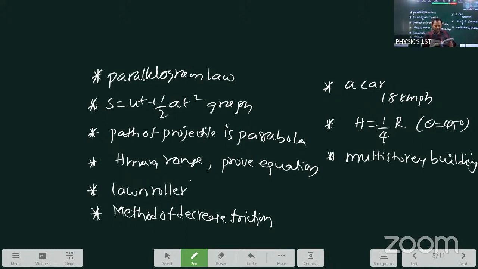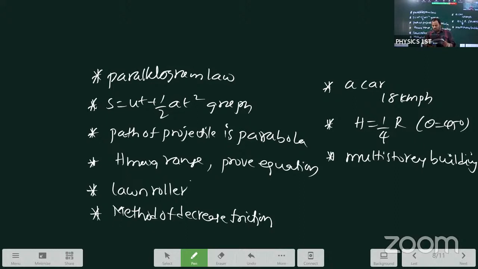marks questions, SAQs. Can the velocity of an object be in a direction other than the direction of acceleration? The direction of velocity is other than the direction of acceleration of the object. Is this possible or not?